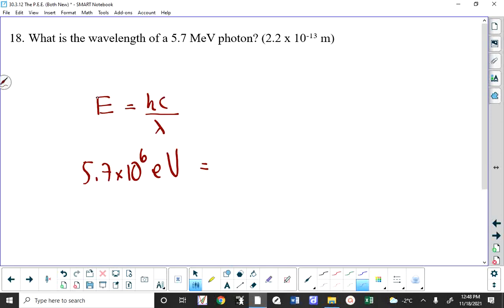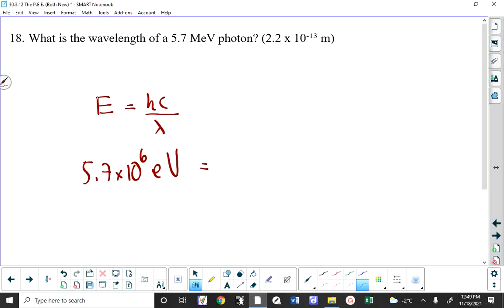we might be tempted to use the 1242 thing, right? That will work. It's just that when you do it with visible light or ultraviolet or infrared, your electron volts are like half, 1, 2, 3, 5, 6, 7 electron volts, and your nanometers are like 500 to 1,000 or 2,000.